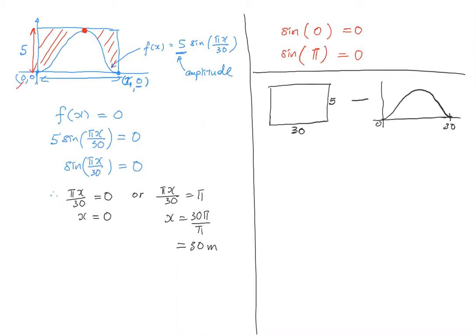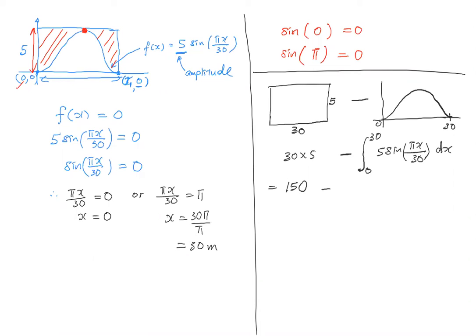So this is 30 times 5, take away the integral from 0 to 30 of 5 sin pi x over 30 dx. So engineers, you have to know all this. If not, when you calculate, you don't know how much material you need to use. So this is 150.